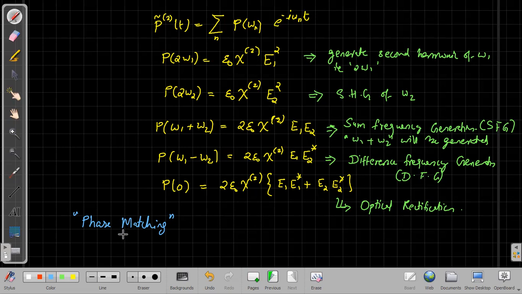So that is the main thing you have to remember. All the frequencies cannot be generated simultaneously with the same intensity. So you will get only one of these phenomena in one particular experiment. It has to satisfy the phase matching condition.